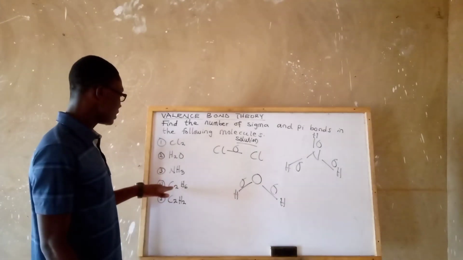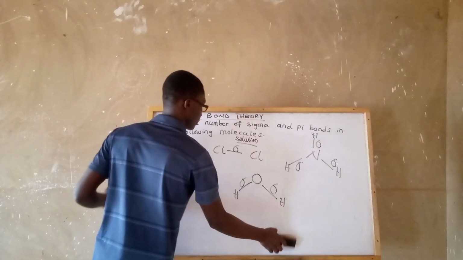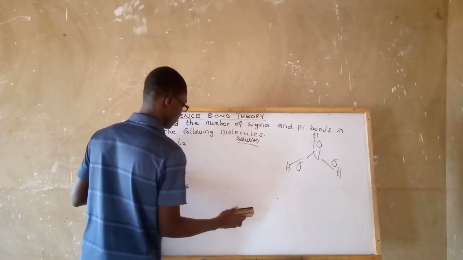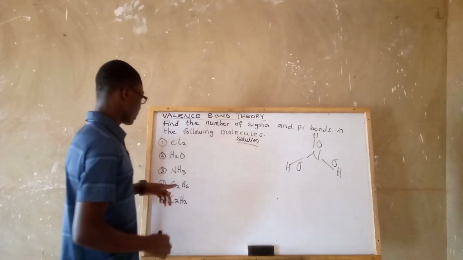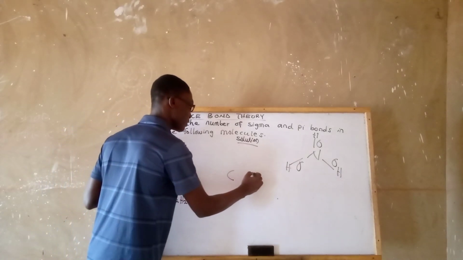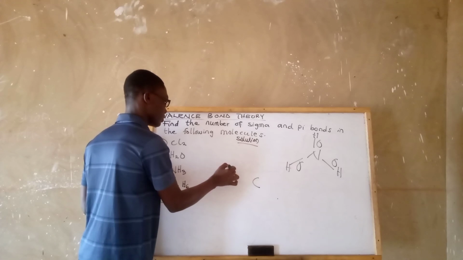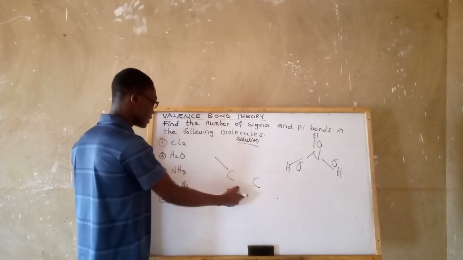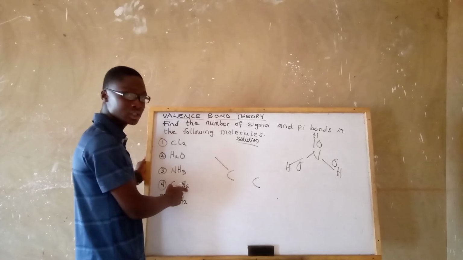And now we have C2H6. For C2H6, you have C here, and you have two carbon atoms and 6 hydrogen atoms.